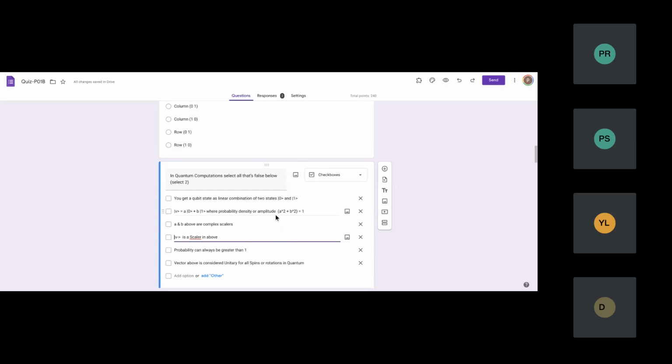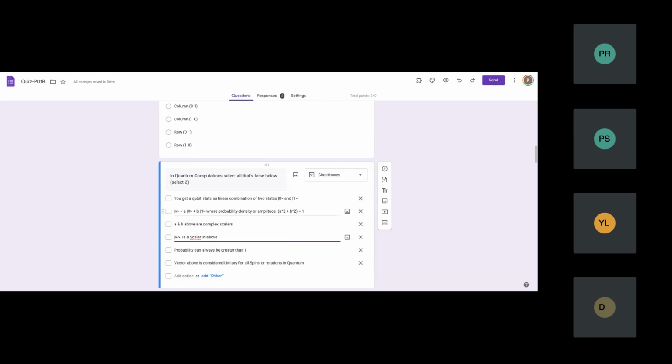You take the absolute value squared of each of them, and the sum is 1. So the coefficients should be scalar if they form a unit vector. If they are not a unit vector, then the sum may not be 1; it may be something more, like 1.1 or 1.2.